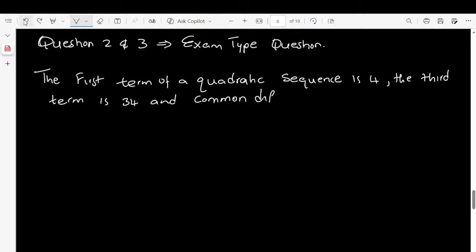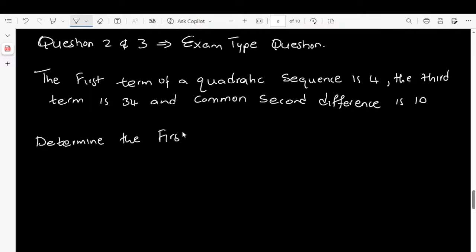Because this is quadratic now, let's say that the common second difference is given as 10. Then they want you to determine the first 3 terms of the sequence.